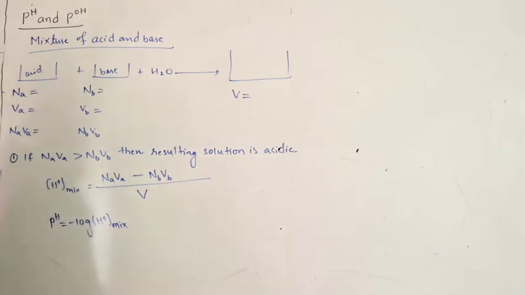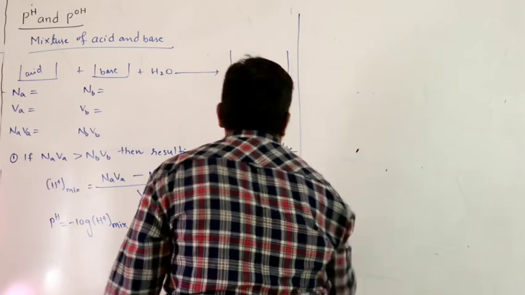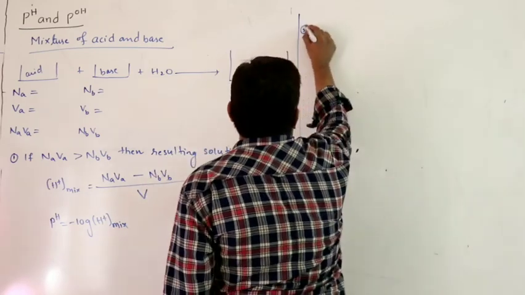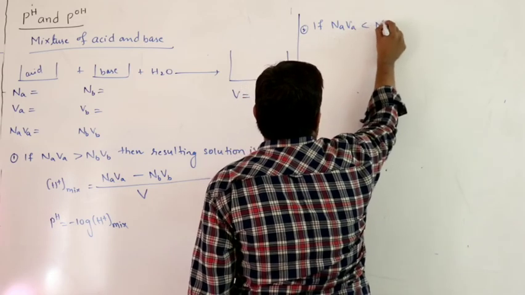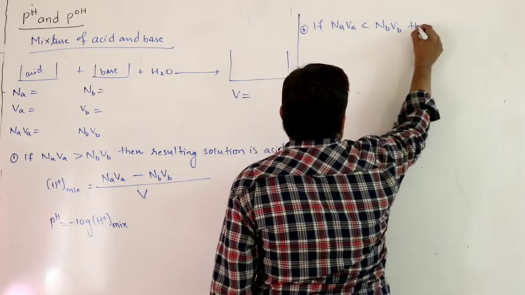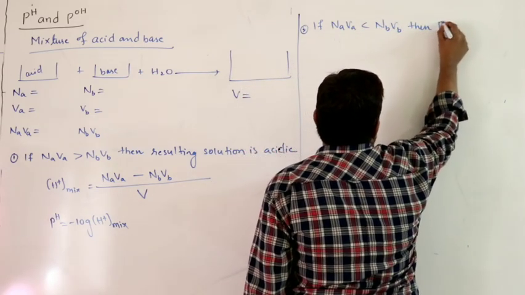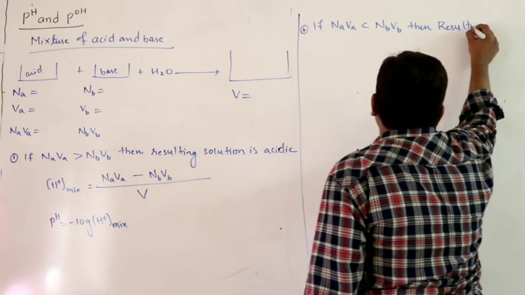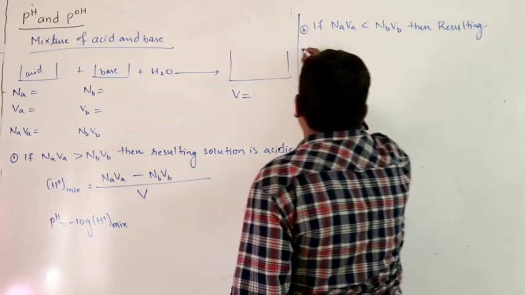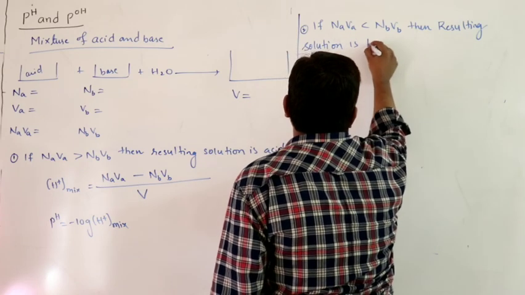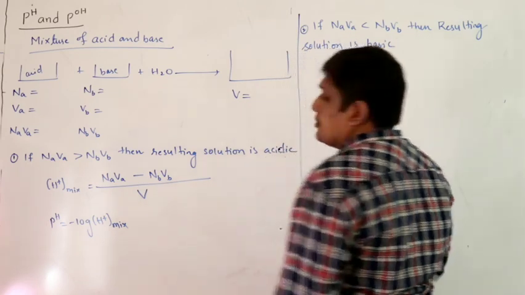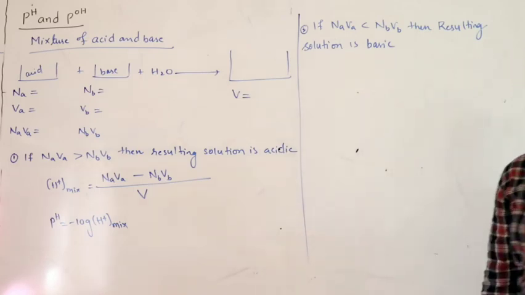This is case 1. Case 2, if NaVa less than NbVb, then resulting solution is basic in nature. That means it contains more OH minus ions.